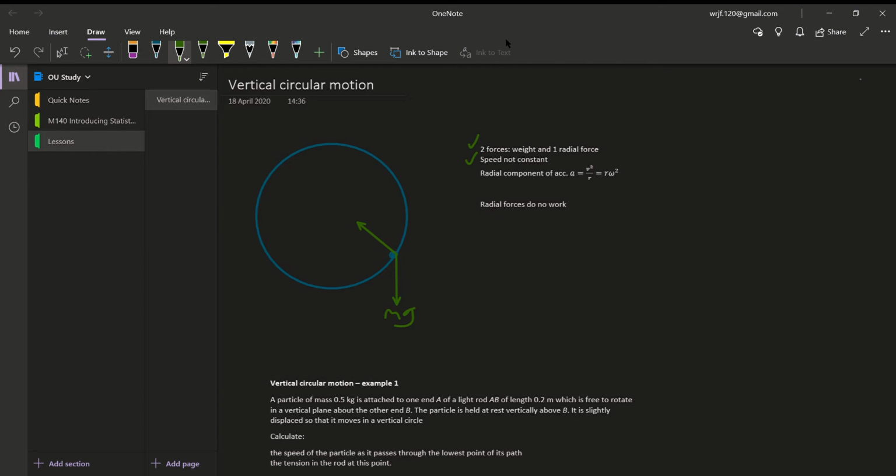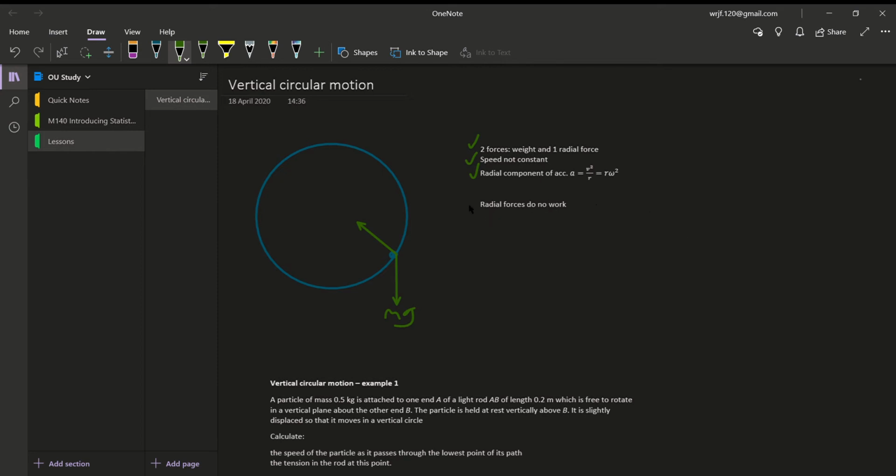In vertical circular motion we can have the acceleration in any direction at all. However, we're only going to think of a component of it directed towards the center of the circle, and that will be exactly the same as the acceleration you were using in horizontal circles: either v squared over r, or possibly r omega squared. Mostly we'll use the v squared over r version.